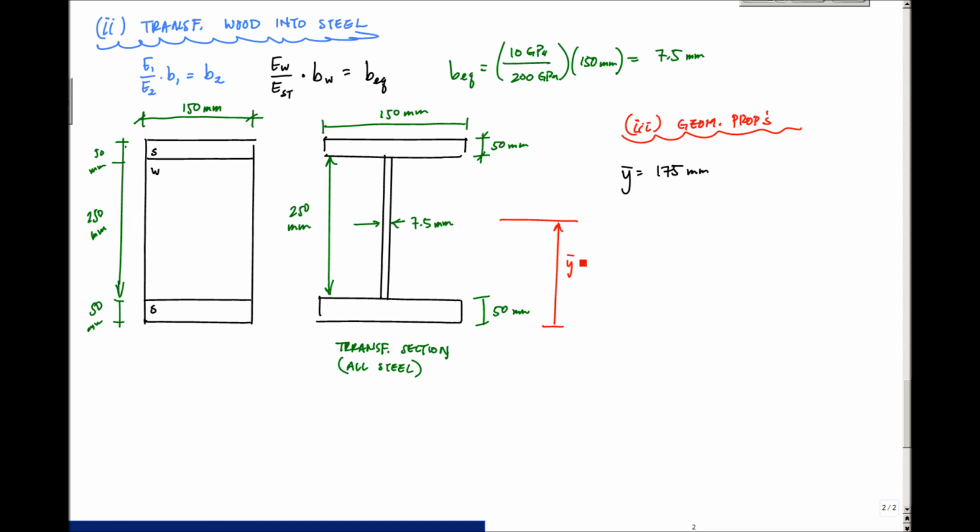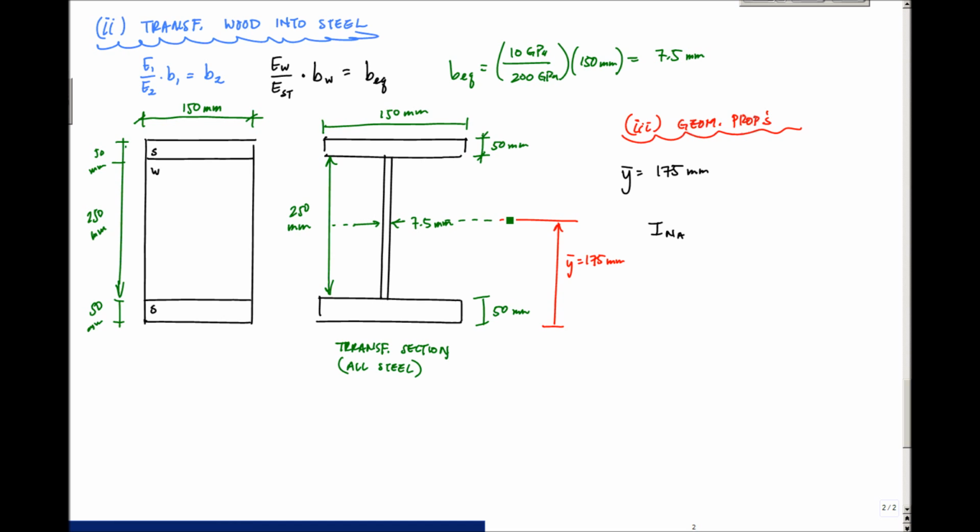And then the moment of inertia, the area moment of inertia, about the neutral axis, which is right here. There's my neutral axis.